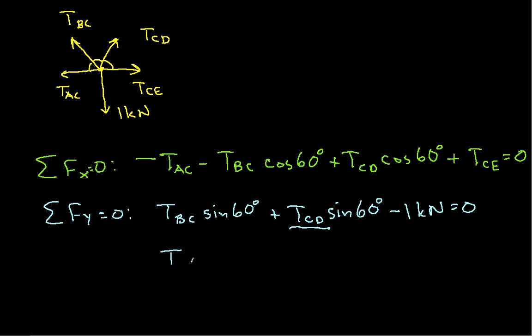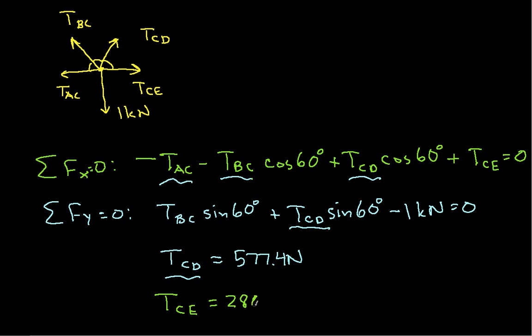I'm not going to go through any of the details here. We can solve it for TCD being 577.4 newtons. We can then take this expression for TCD, plug it in here. We already know TAC, TBC, and so we can get then that TCE is equal to 288.7 newtons.